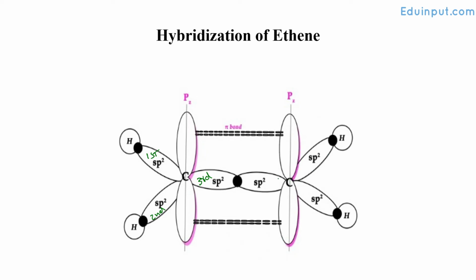This is the first, this is the second, and this one is the third sp2 hybrid orbital. Since hydrogen has only one electron in an s orbital, this overlap is going to be sp2-s.